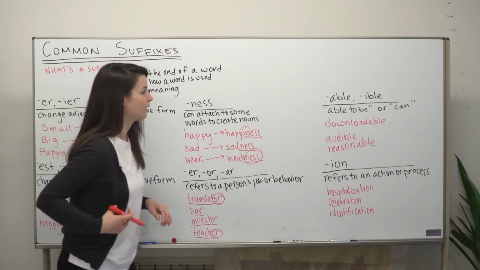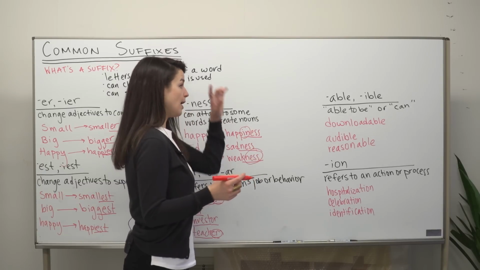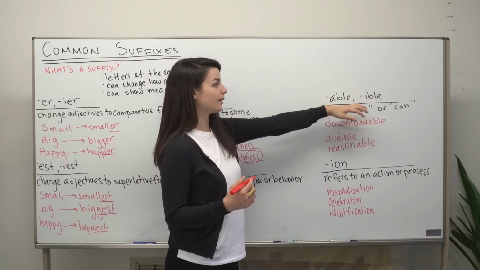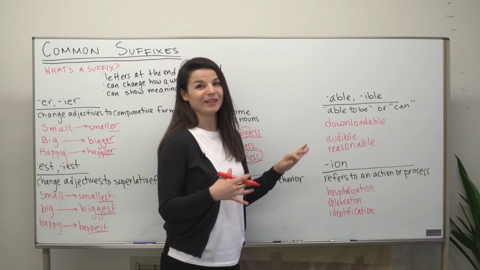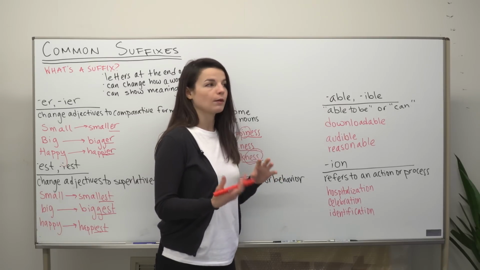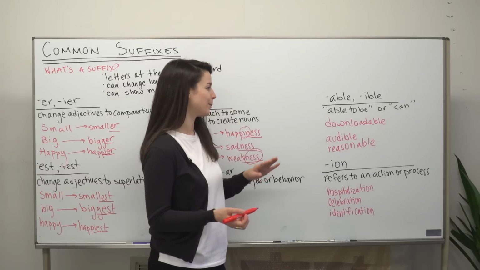All right, let's look at the next group of suffixes, or the next pair, really. We have able and ible. Both of these mean able to be, or more simply perhaps, can. So something is possible, for example.